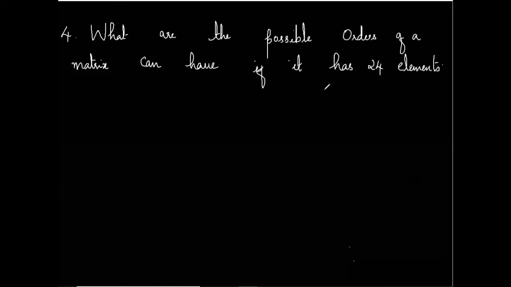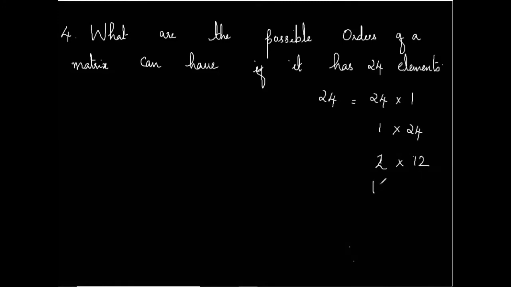So those are 24 into 1, 1 into 24, 2 into 12, 12 into 2, 3 into 8, 8 into 3, 4 into 6, and 6 into 4. These digits give the product as 24.